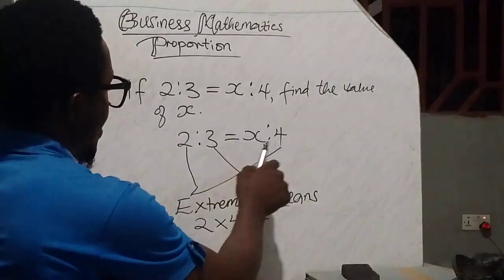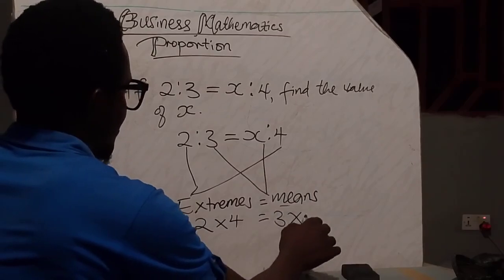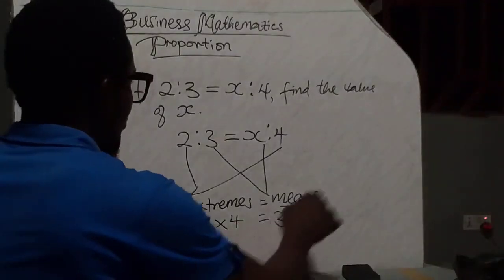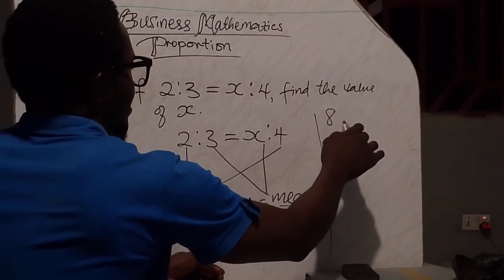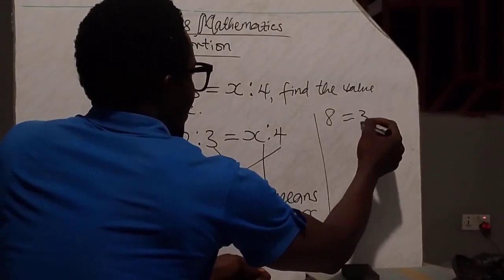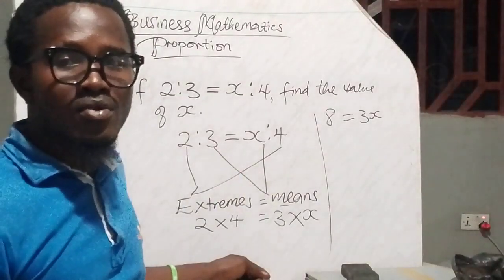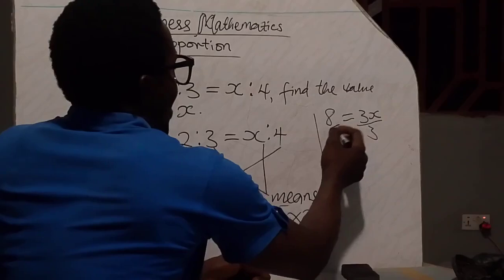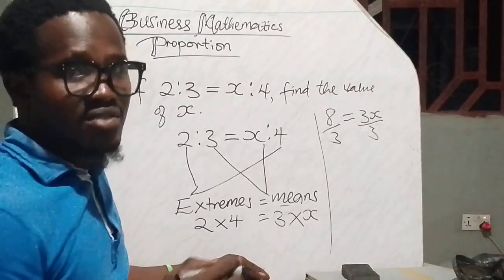You have 3 and x multiplied together, 3 times x. So 2 times 4 is 8, equal to 3 times x, which is 3x. If we want the value of x, you will agree with me that we should divide both sides by 3. It's a simple rule that we all know.